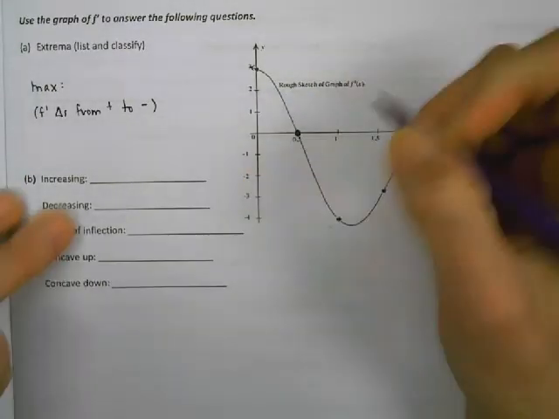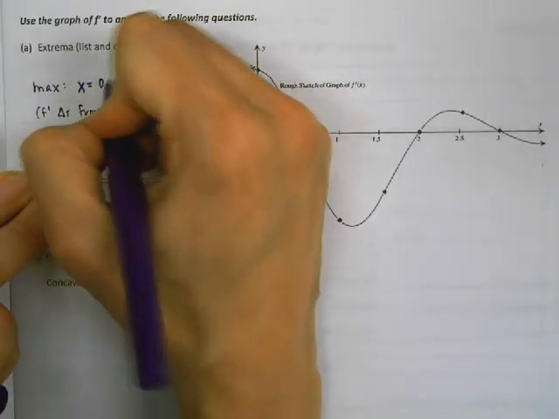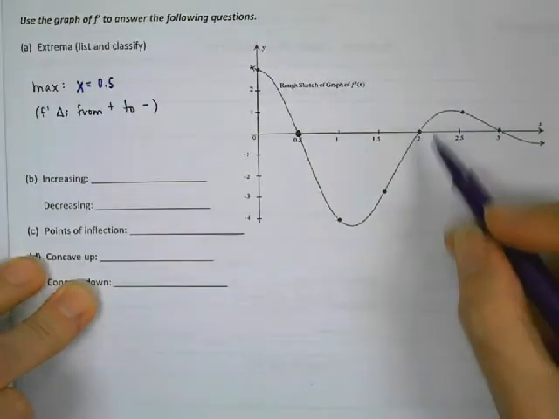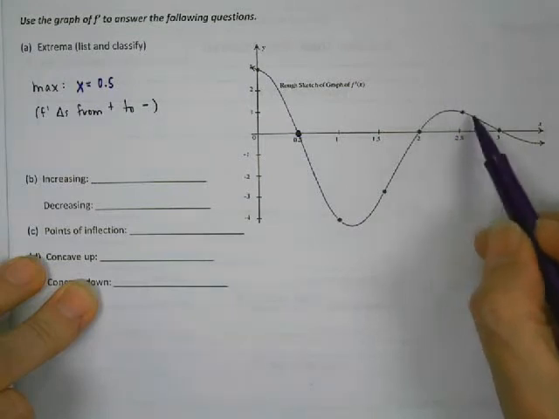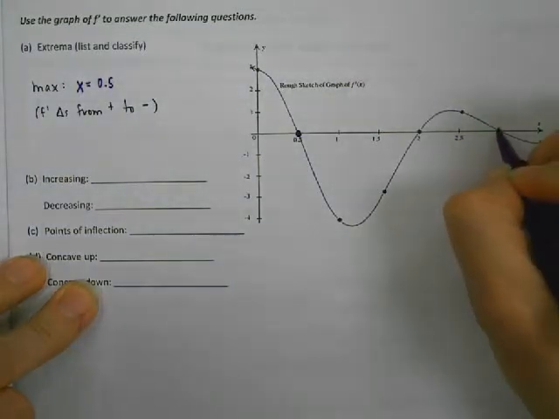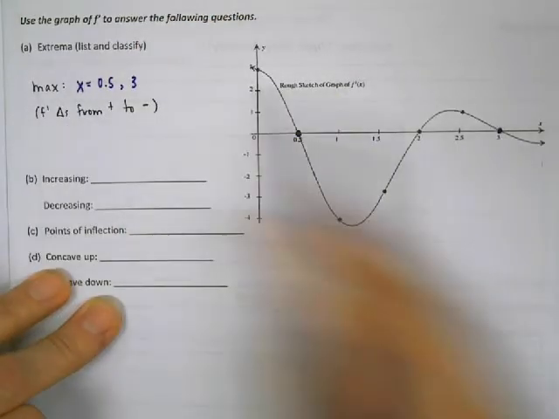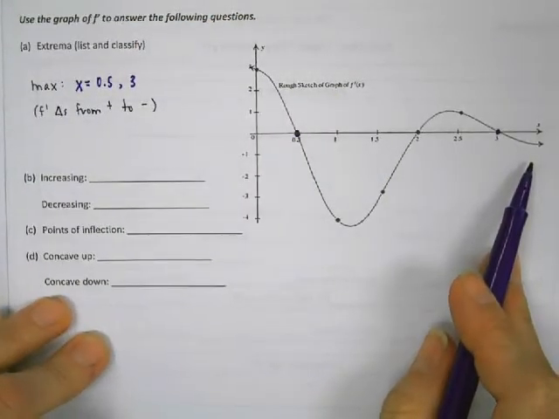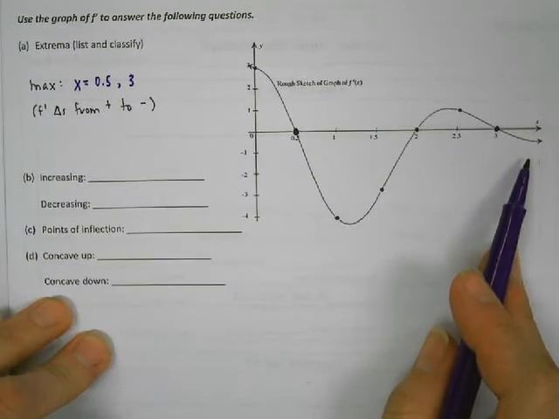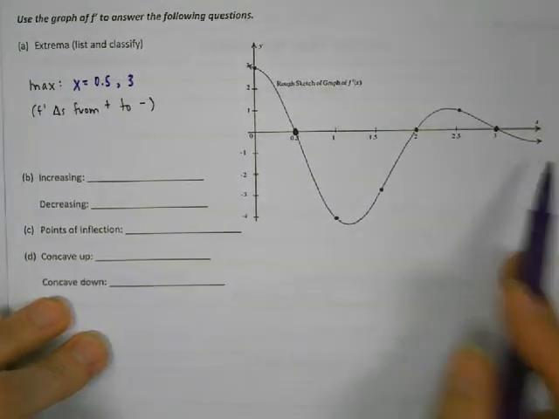So I'm going to have a value here at x equals 0.5. And then again, I go from above to below at x equals 3. And here we're on this open interval. I don't have endpoints here, so I don't have to worry about considering those endpoints.